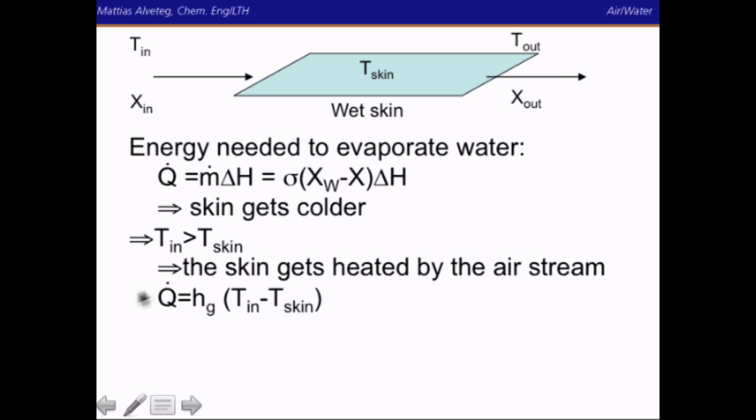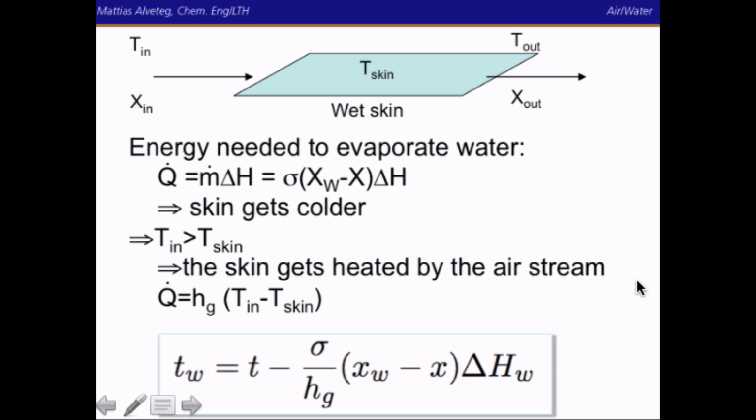And you can calculate that if you know the heat transfer coefficient, simply by multiplying the heat transfer coefficient with the difference between the temperature in the air and the temperature of the skin, or rather this wet surface. And you can juggle around with this and realize that this means that we will get a balance when the energy needed to evaporate the water is actually taken from the air.